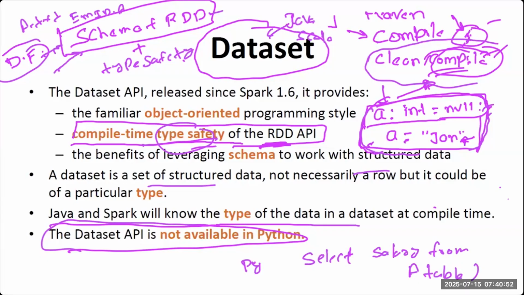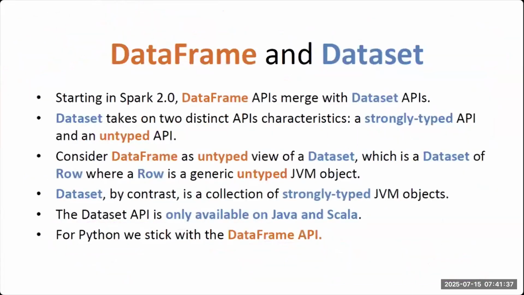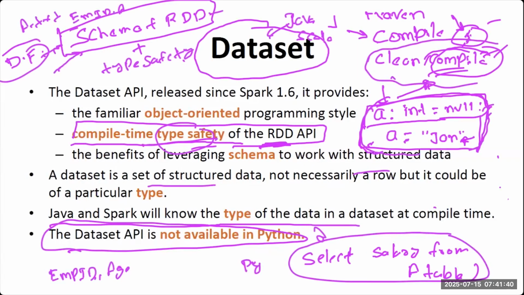It only has employee ID and age. This issue dataset will capture during compile time only, but data frame and the like will see it during the runtime. And, okay, I think this is RDD.